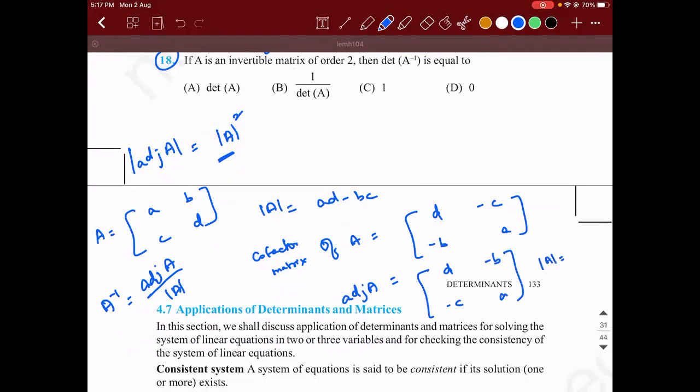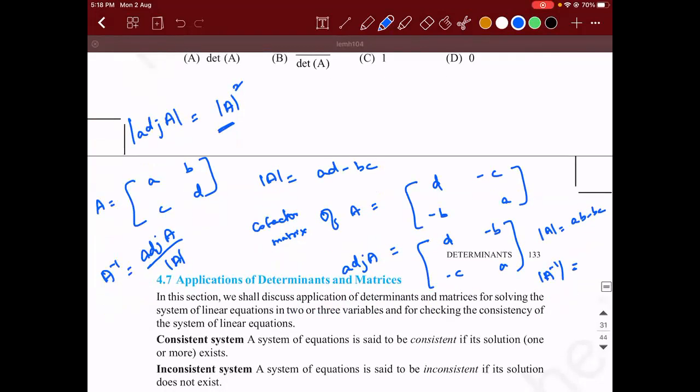What is the determinant of A? ad minus bc. Now what is the adjoint of A by det A? What is the determinant of A inverse?